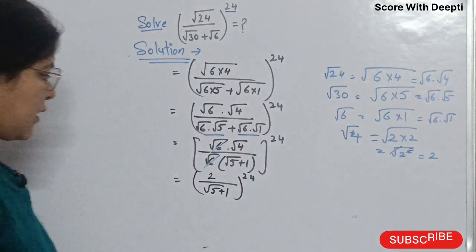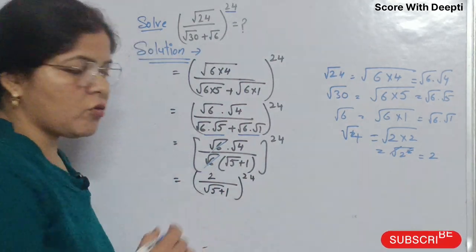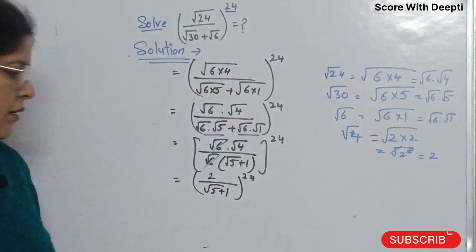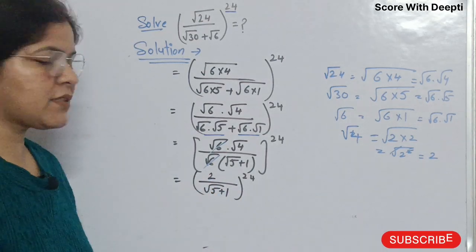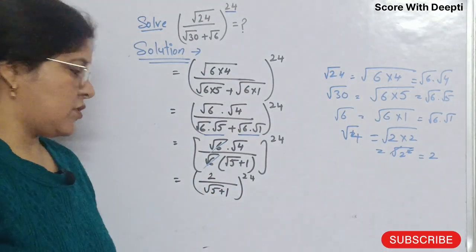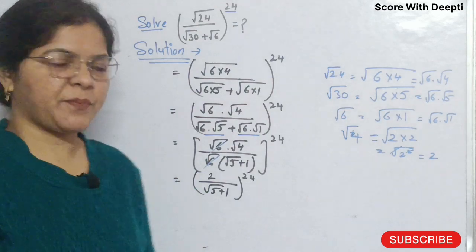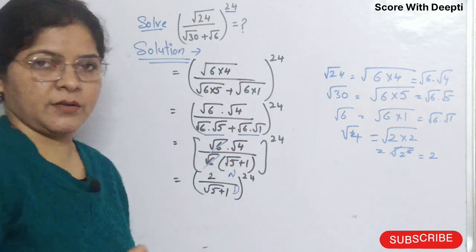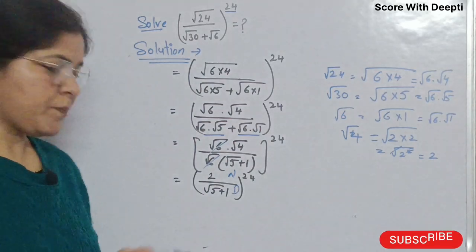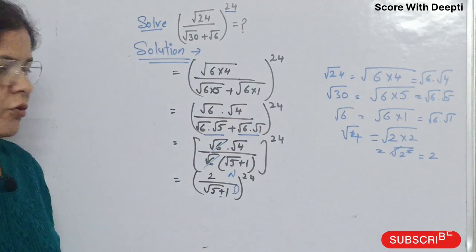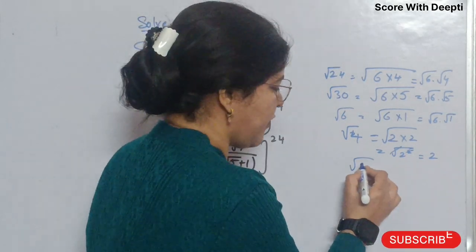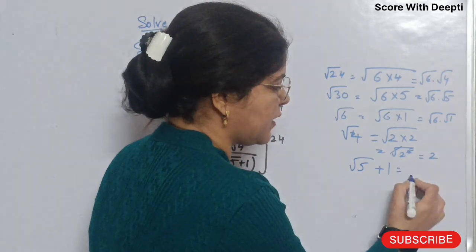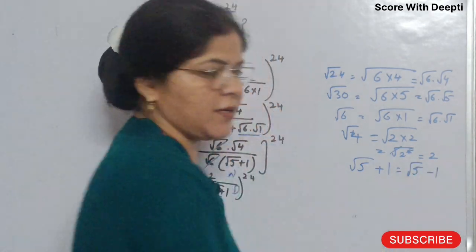Our next step, to solve this: we know that if there is a radical in the denominator, our next step is rationalization. Rationalization means we have to multiply the numerator and denominator with the conjugate of the denominator. What is conjugate? If we have square root 5 plus 1, we multiply by square root 5 minus 1.